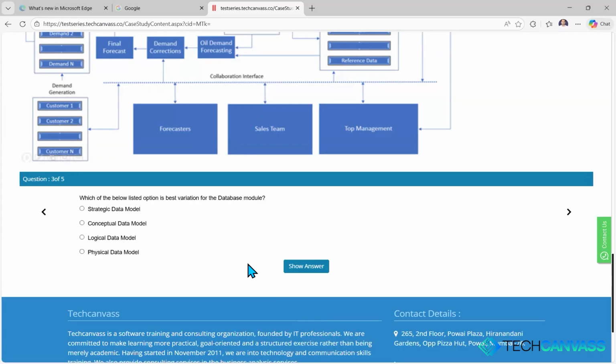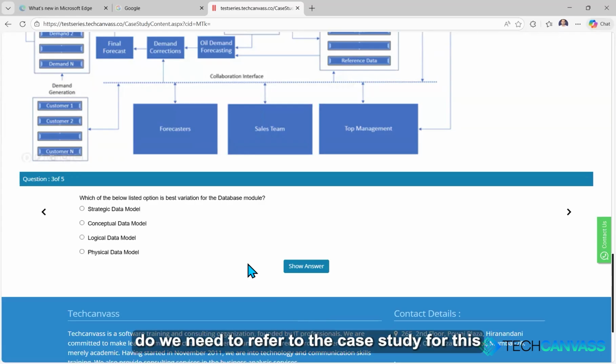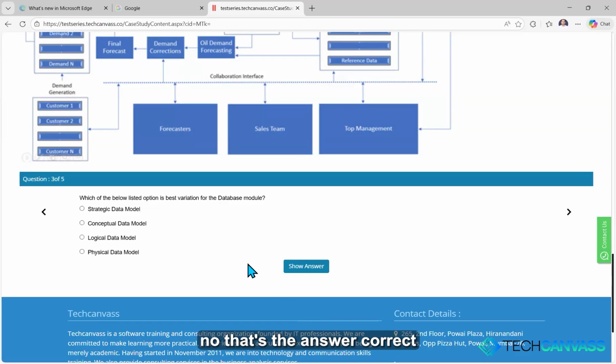What do you think? Do we need to refer to the case study for this? No, it's a straight conceptual question. Perfect. And what do you think is the answer? This is open for all. Guys, come on, all of you should participate.